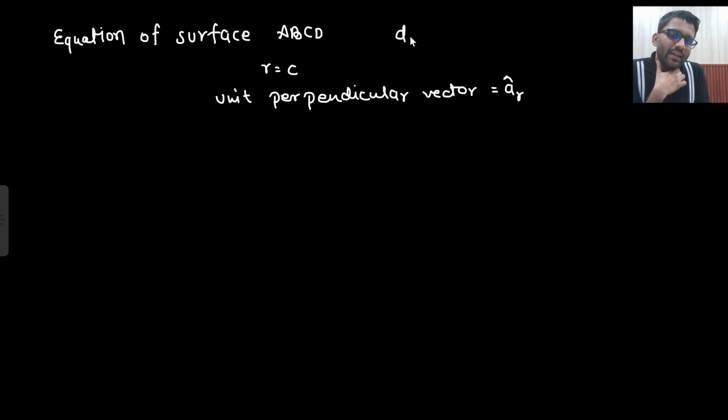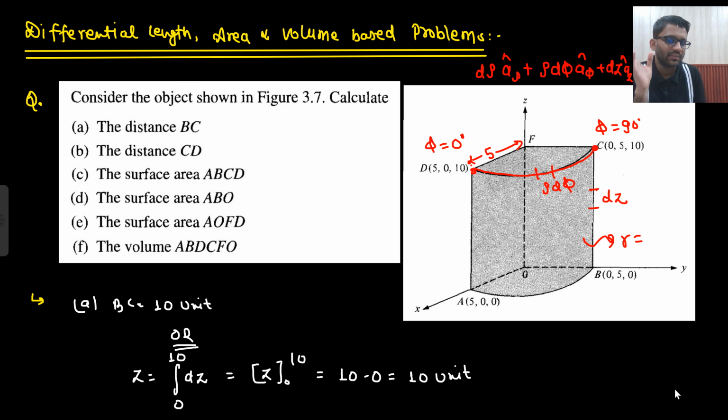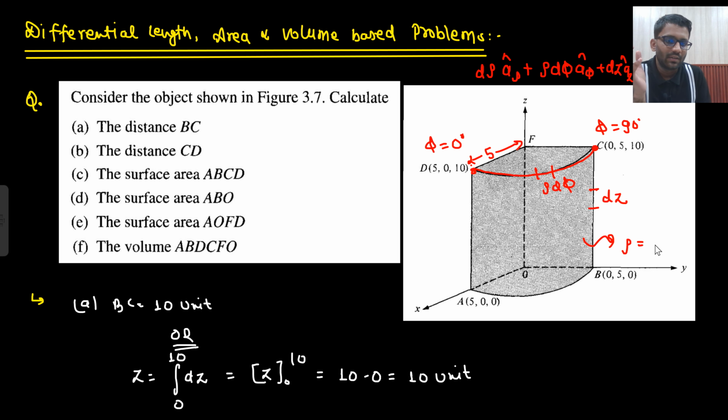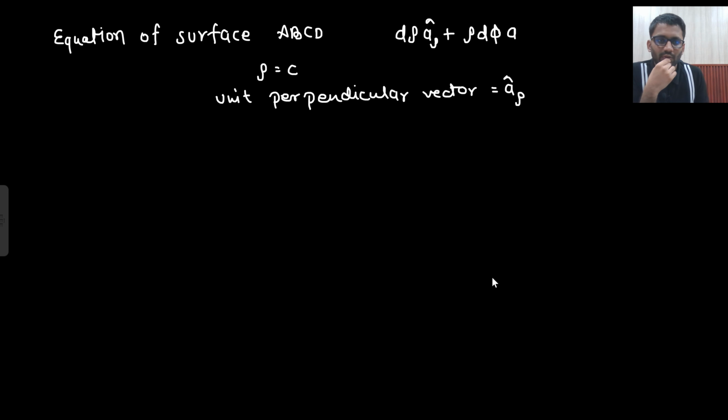So if you know the length d rho, rho d phi, R equals constant, or I can say rho equals constant, because we are writing in terms of the cylindrical coordinate system. Radius is constant here. So the equation of the ABCD plane is rho equals constant.